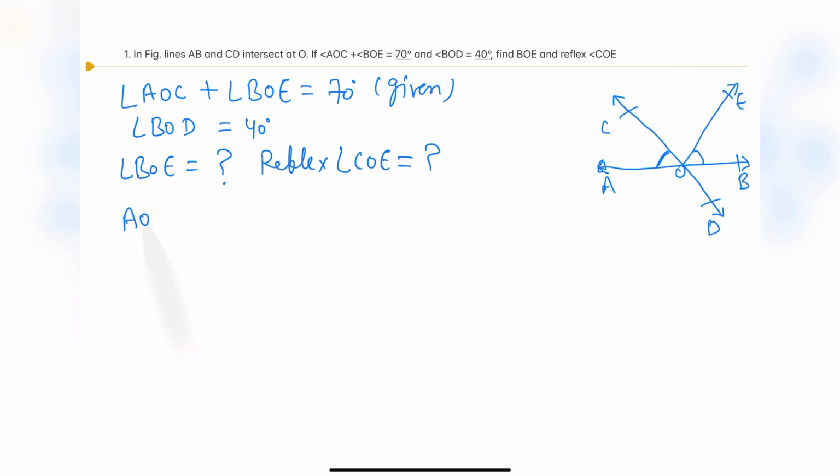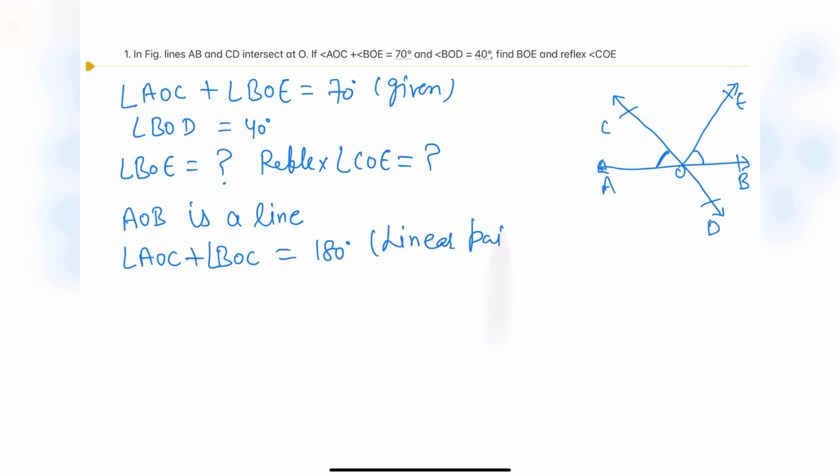Okay, AOB is a line, so it means angle AOC plus angle BOC is equal to 180 degrees, linear pair. So angle AOC plus, break angle BOC into two parts because we have the value of BOE.